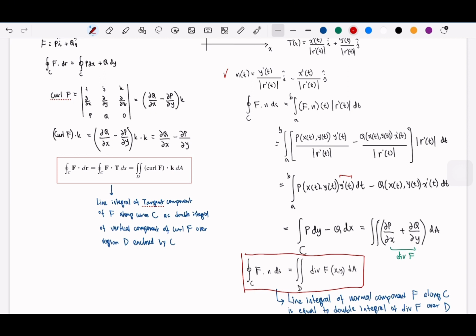So we can start the surface integrals, and after that, I think the last part will be the Stokes theorem. Okay. I believe within 2 weeks or so we can finish.